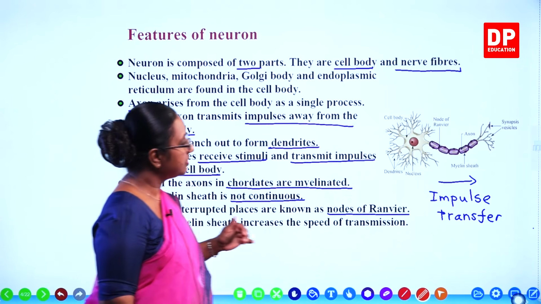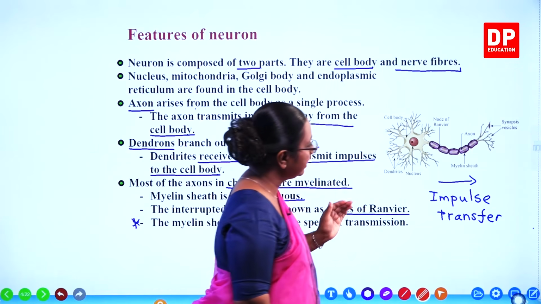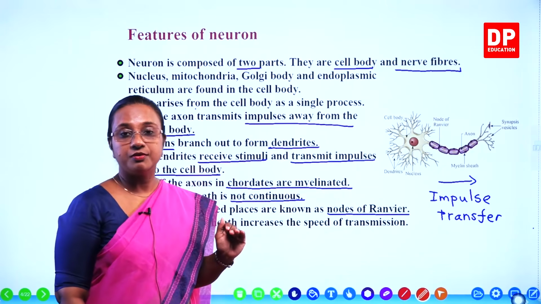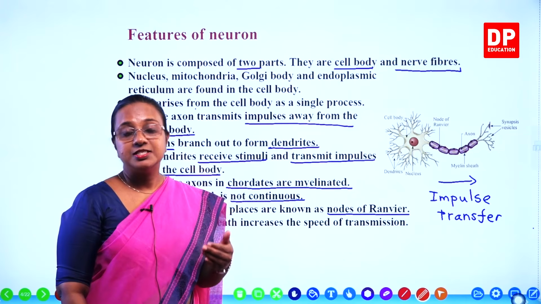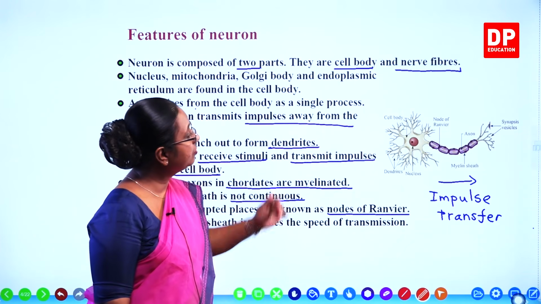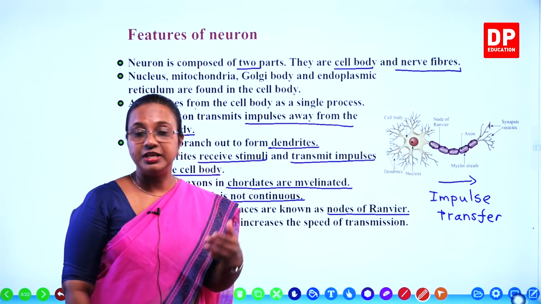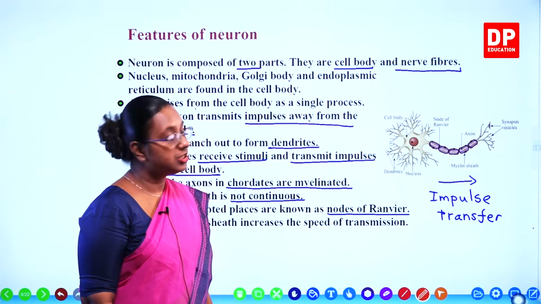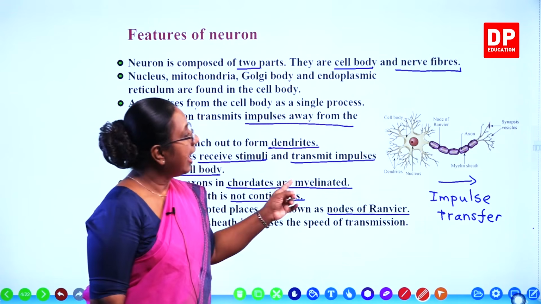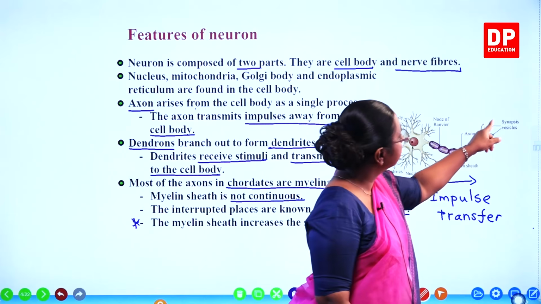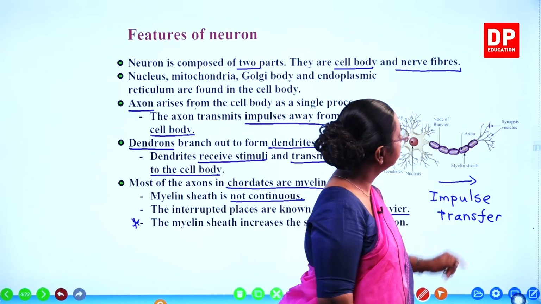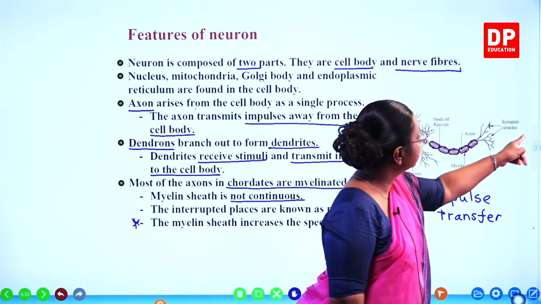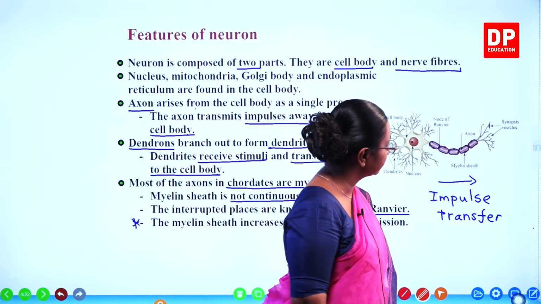So now students, you all have a good understanding of the structure of a neuron or the nerve cell, which is the basic structural unit of the nerve tissue. And also you can see at the end of the axon, where you get the dendrites, you have the synapses vesicles.